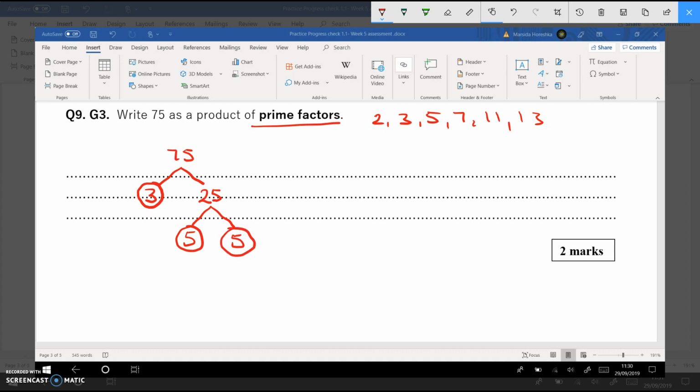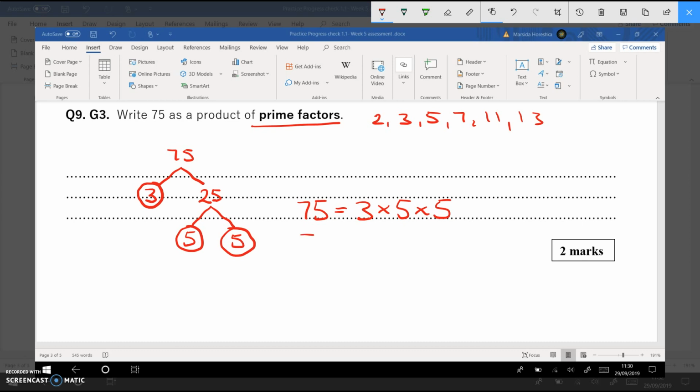So I'll circle them both. So 75 is equal to 3 times 5 times 5. So that is 2 5s in there, and I've circled them all.